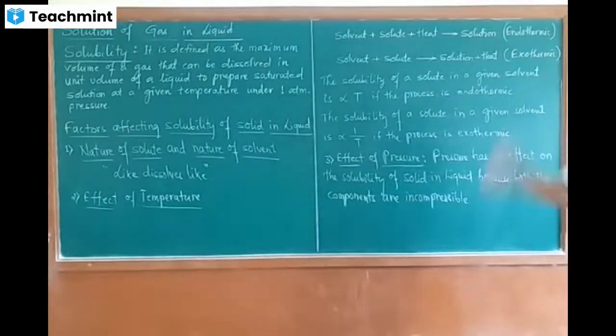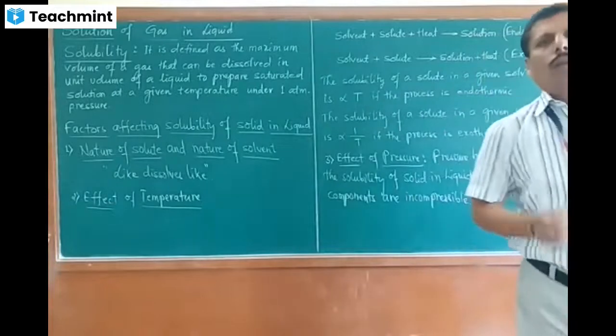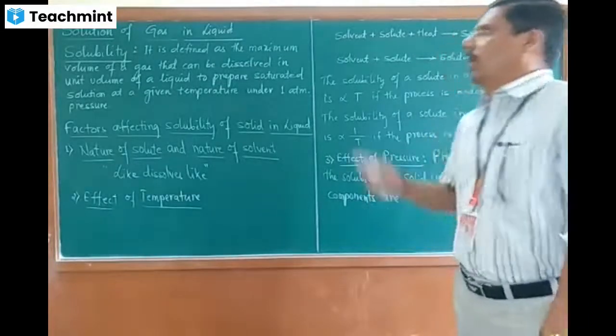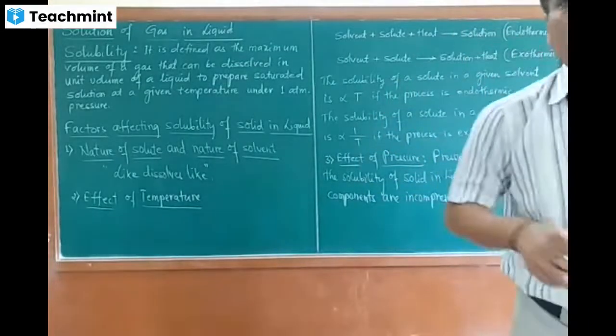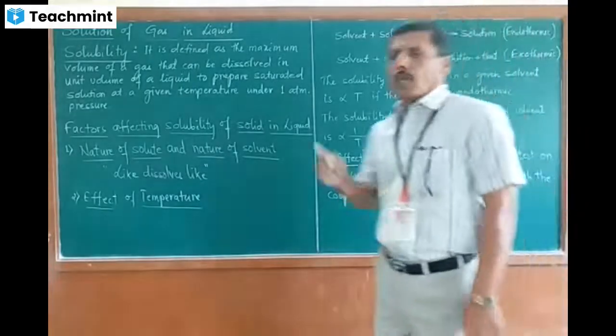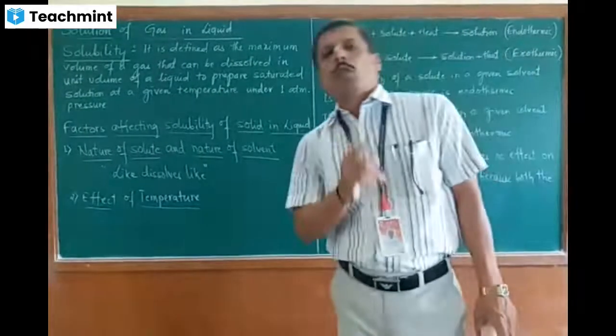See, maximum volume of gas, volume in cubic centimeters. Maximum volume of gas that can be dissolved in unit volume of liquid to prepare saturated solution at a given temperature under 1 atmospheric pressure.